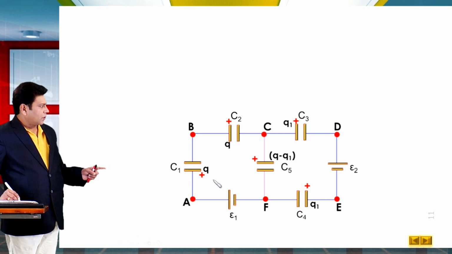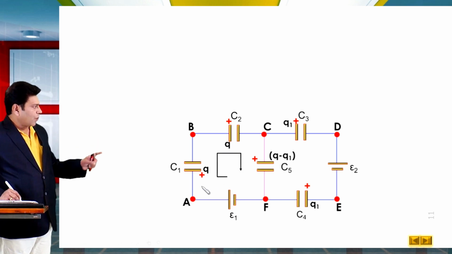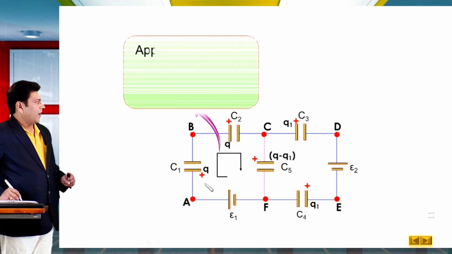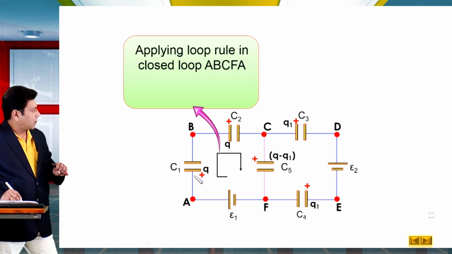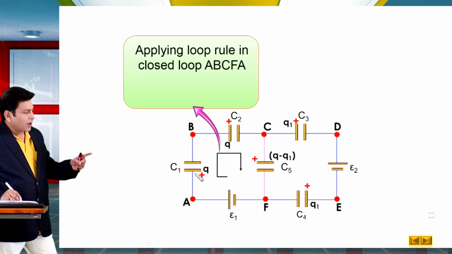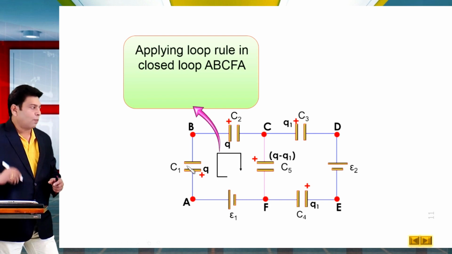So, let us take this loop A, B, C, F, A and move in the clockwise sense and start from point A, right. If we start moving from A, we will reach to the positive plate of this capacitor C1, and if we cross this capacitor, that means we will cross from positive plate to negative plate, higher potential to lower potential, that means voltage drop.